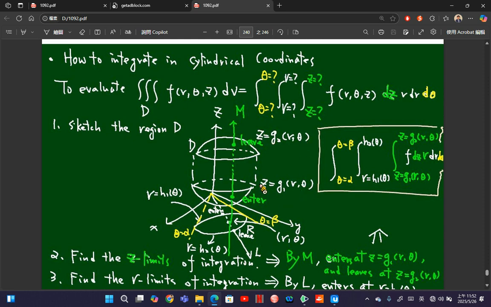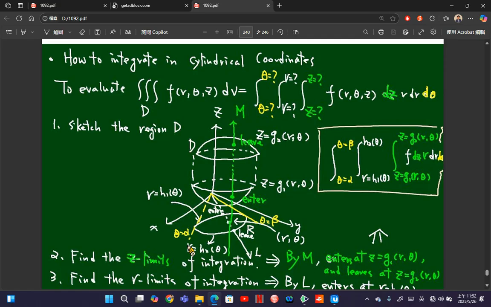So this is the enter point, this is the leaving point. Similarly, if we project the intersection of these two surfaces onto the xy plane, you will get this region on xy.